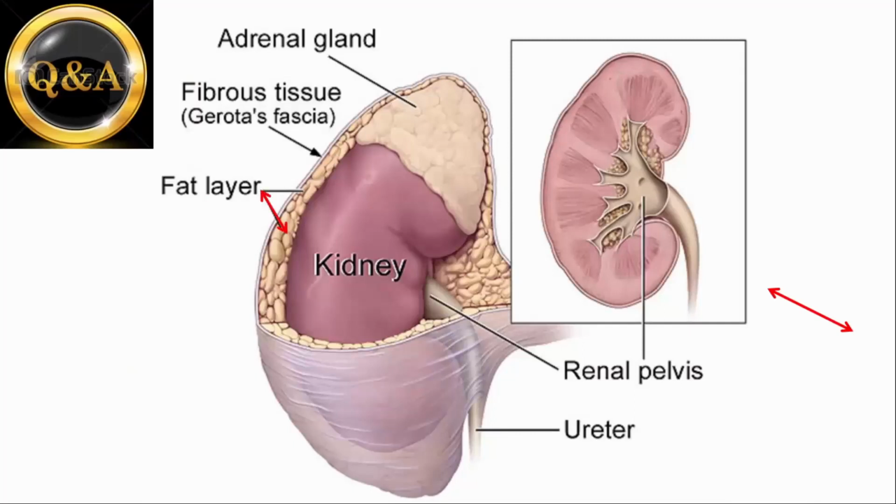What is this structure? This is the fatty layer around the kidney on the outside, and this is the perirenal fat.